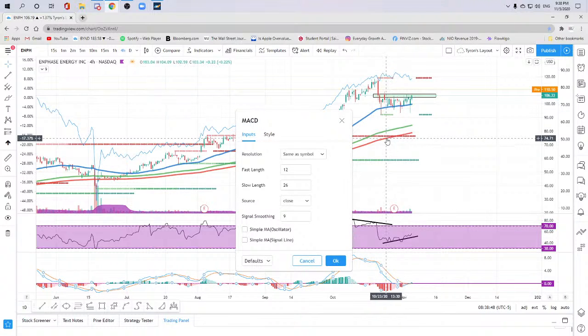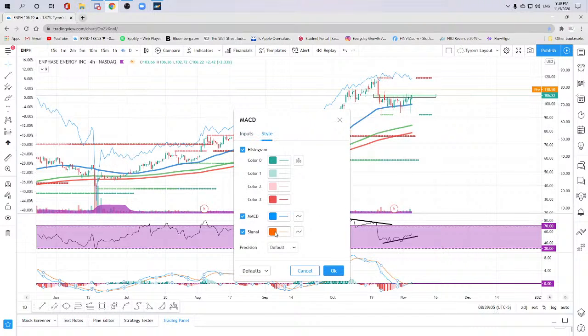The first are two moving averages, which are usually exponential moving averages, EMAs, the 12 and the 26 EMAs. When you deduct the 26 EMA from the 12 EMA, you get the blue line that you see over here.